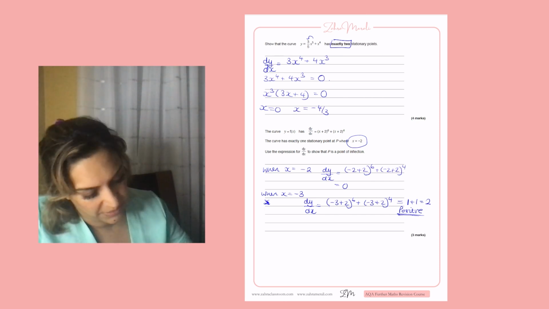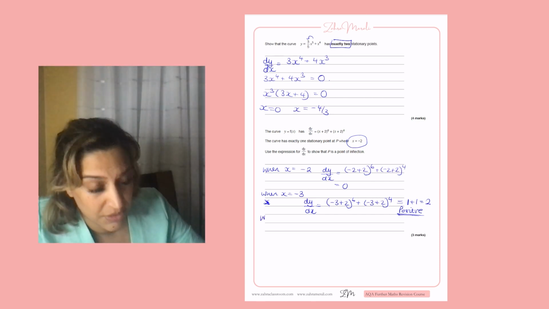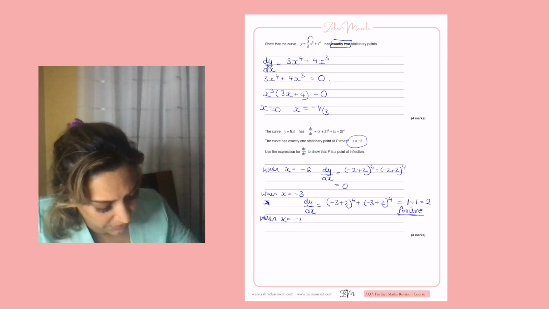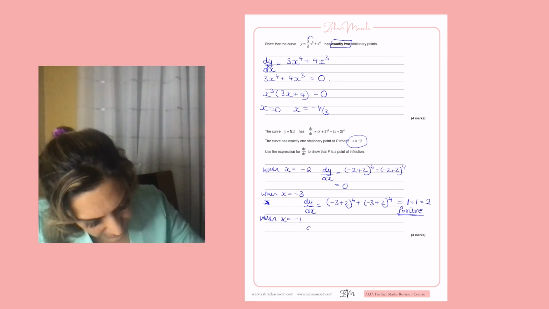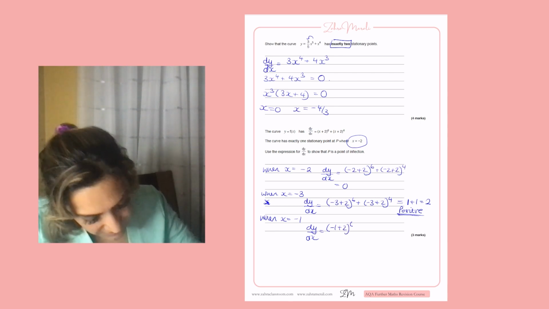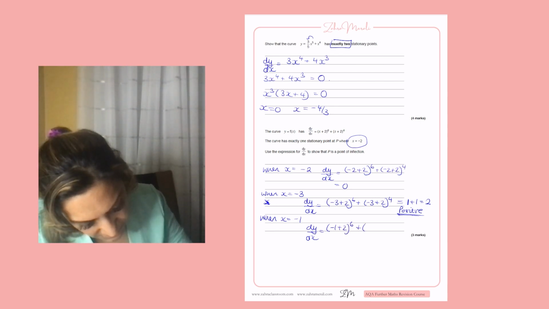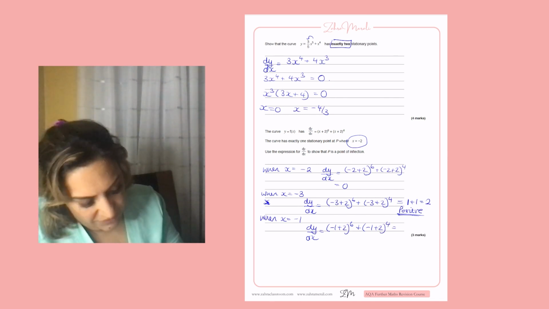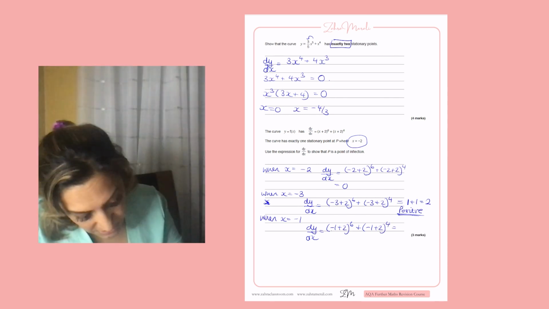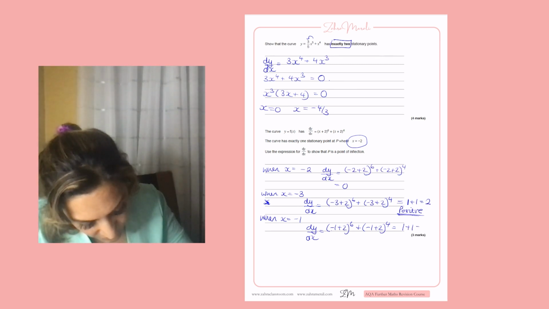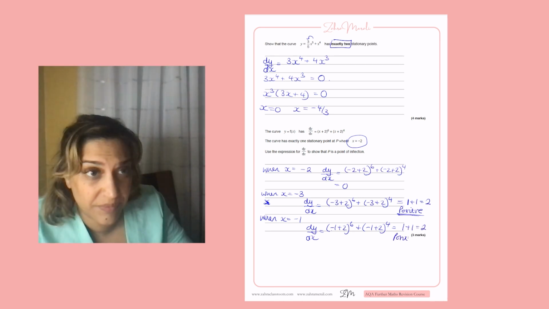Right, let's say we take 1 to the right. When x = -1, dy/dx gives us (-1 + 2)^6 + (-1 + 2)^4, which is 1^6, which is 1, plus 1, which equals 2, which is also positive.